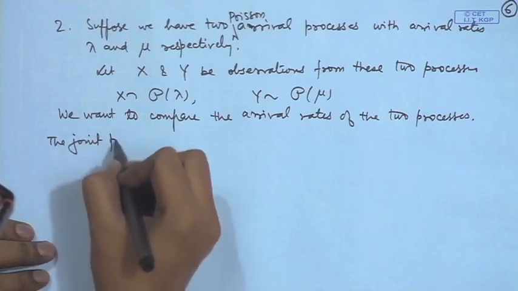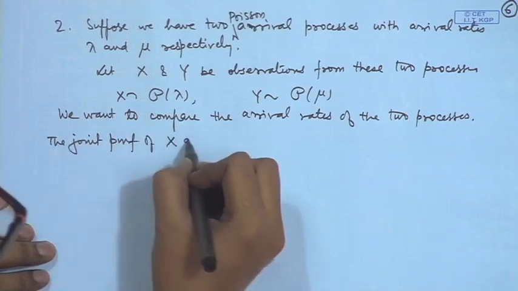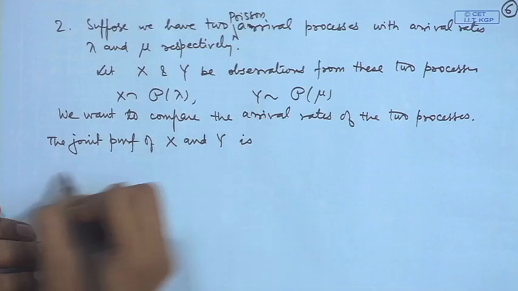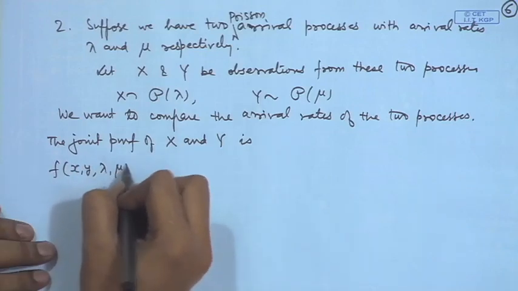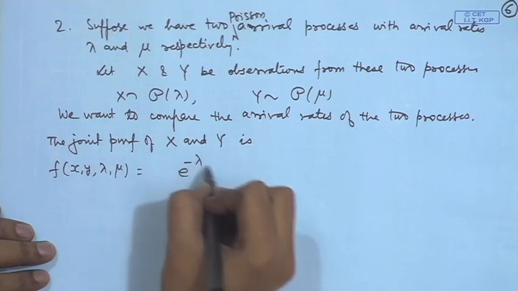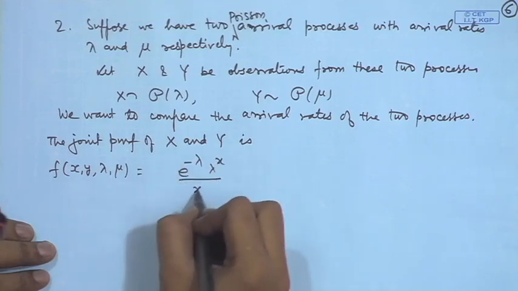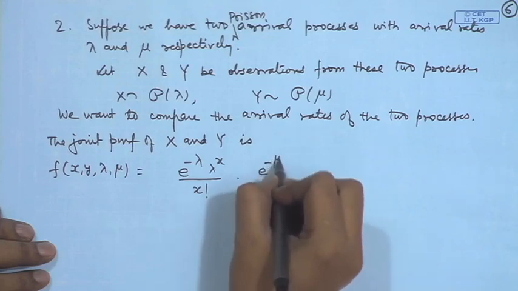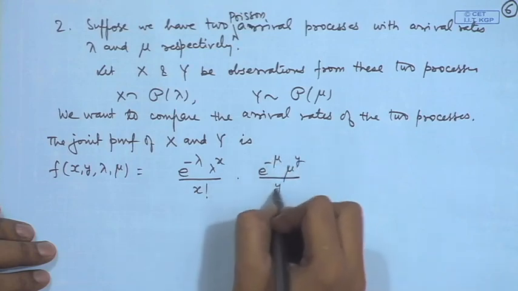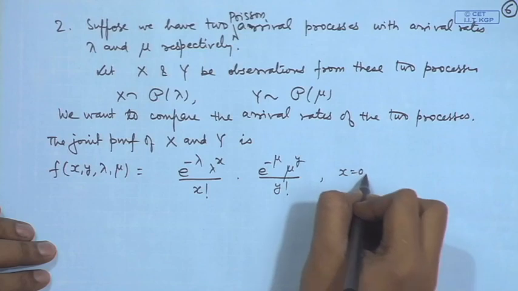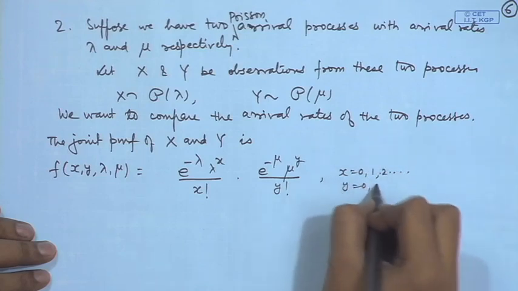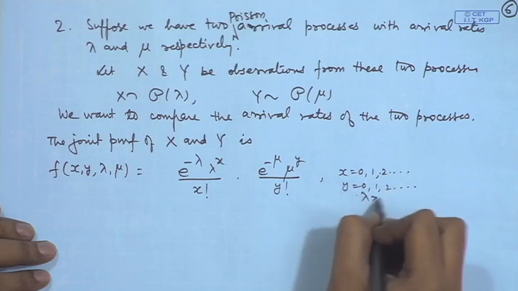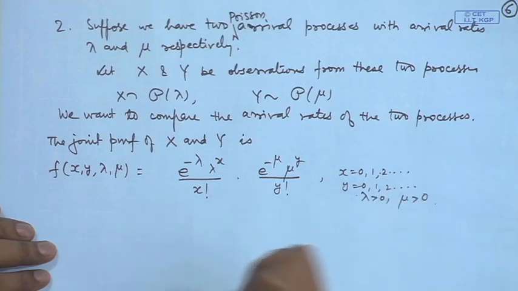So, the joint probability mass function of x and y is equal to e to the power minus lambda, lambda to the power x by x factorial, e to the power minus mu, mu to the power y by y factorial, x is equal to 0, 1, 2 and so on, y is equal to 0, 1, 2 and so on, lambda and mu both are positive.